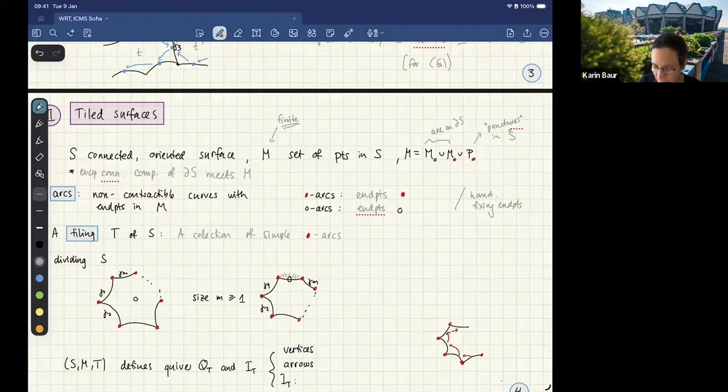Which are pairwise compatible, that means they don't intersect each other. Again, we are looking up to homotopy, so you can draw it as tidy as possible, then there should be no intersections. And they divide S into polygonal pieces.